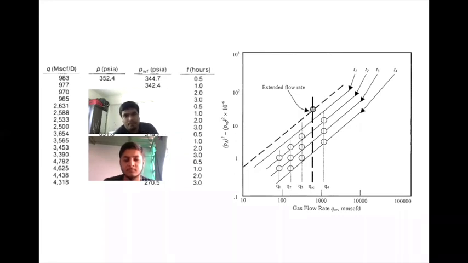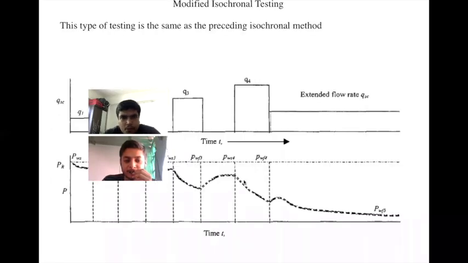And the second question is that you told that the conventional flow after flow test and multi-rate test are not similar to IPR. Why, sir? Because they both come from the same equation, that is Qsc is equal to C into delta P raised to n. Which equation are you talking about? Sir, can you go to the previous slide? This one?